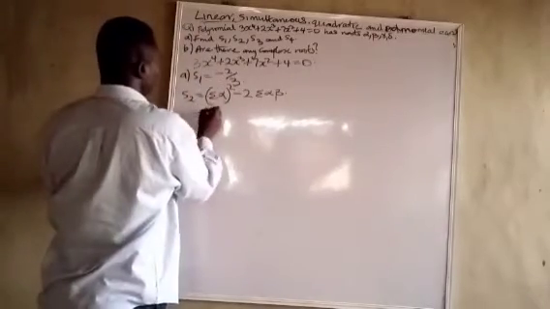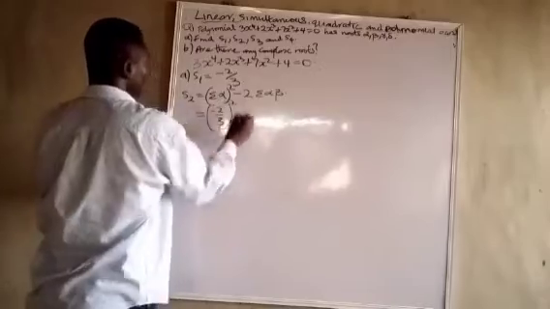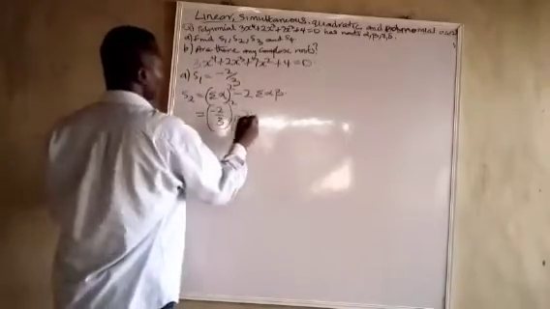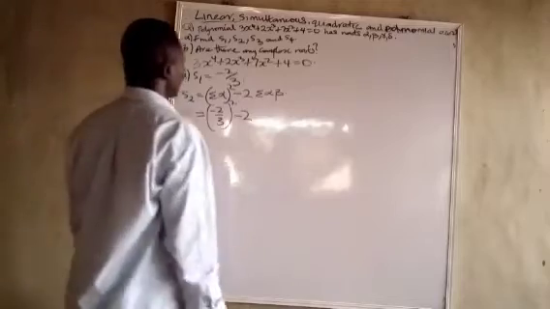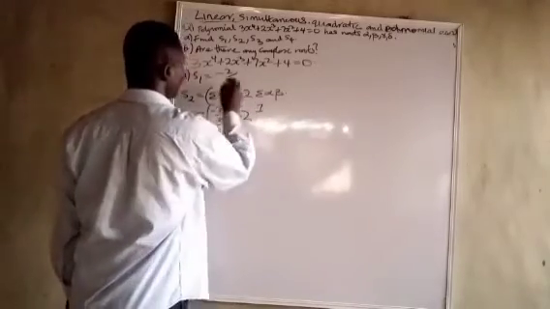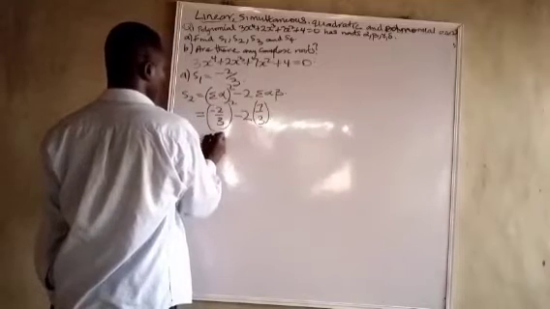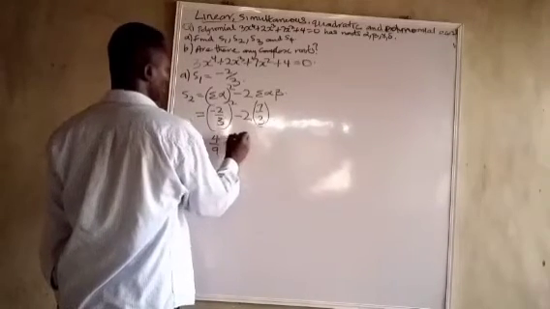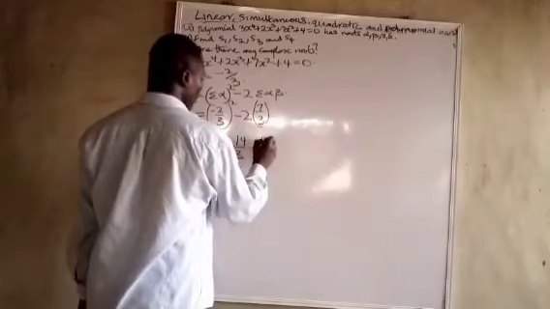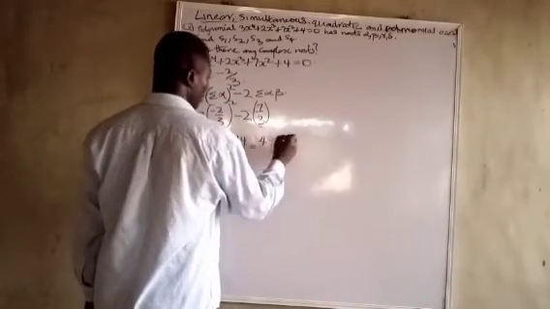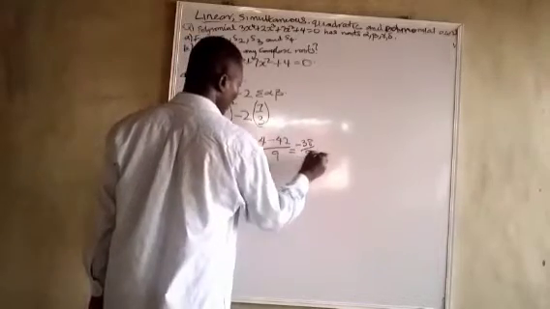Our summation alpha is minus 2 over 3, squared, minus 2 times summation alpha beta, which is 7 over 3. So we have 4 over 9 minus 14 over 3. This is 4 minus 42 over 9, which is minus 38 over 9.